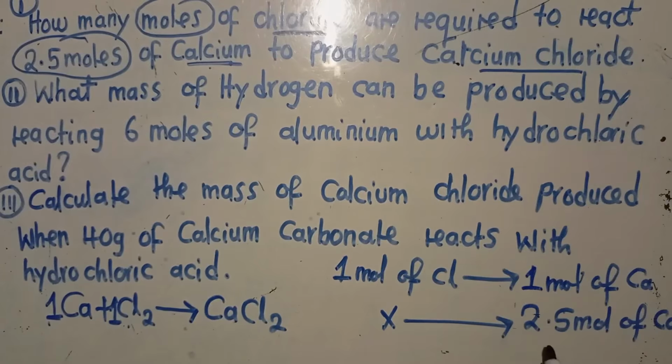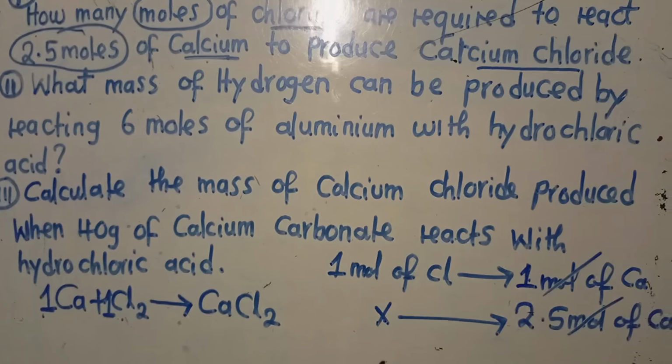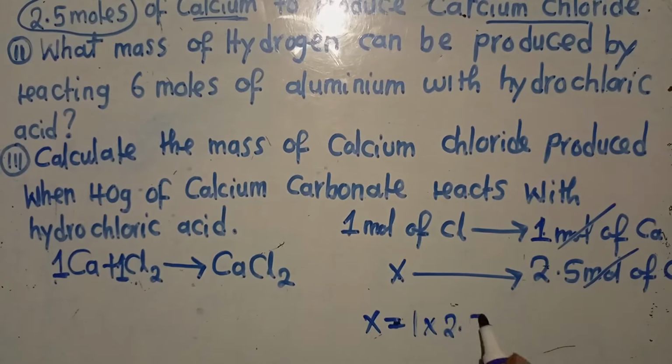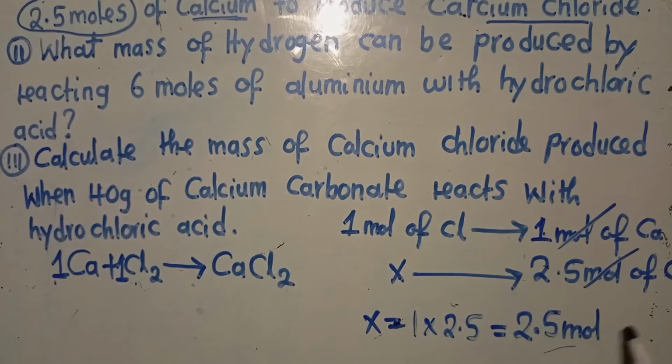The moles here are going to cancel, so it is just the same as X times 1, which is X. So X is equal to 1 times 2.5. What will be the answer? The answer will still be 2.5 moles of chlorine.